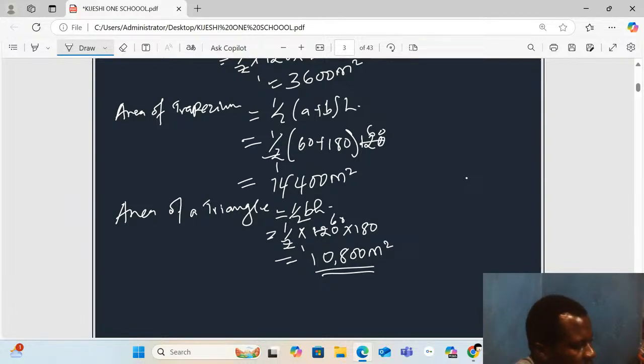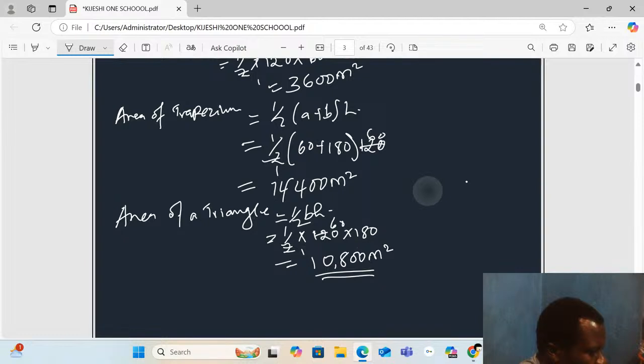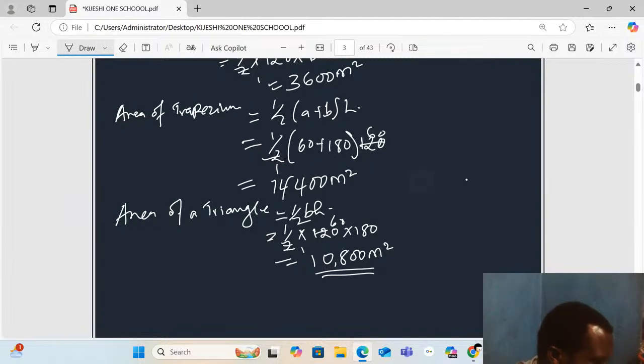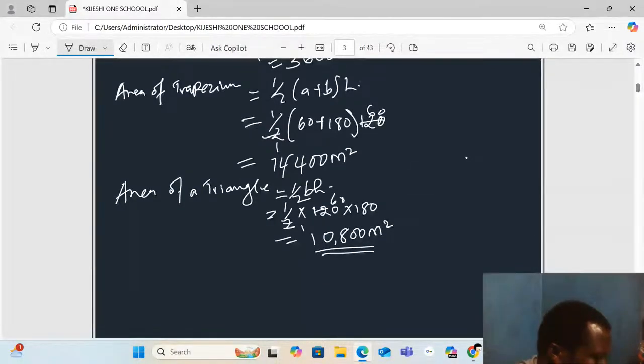Now that is the area of the triangle. Now to get the area of the whole irregular shape, which we've divided into different shapes, we have to add everything for us to get the area of the farm.